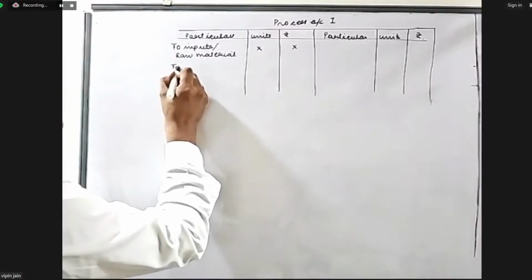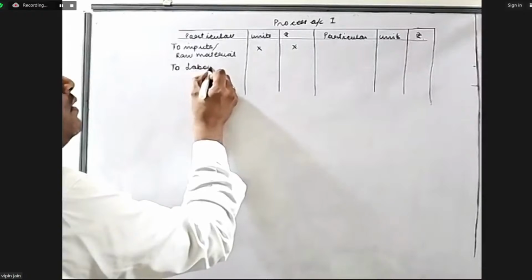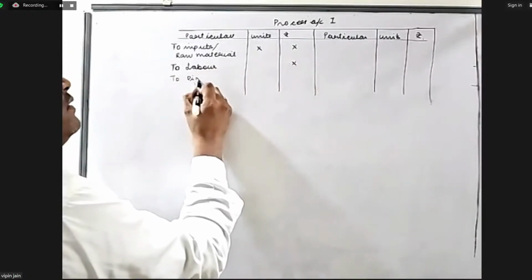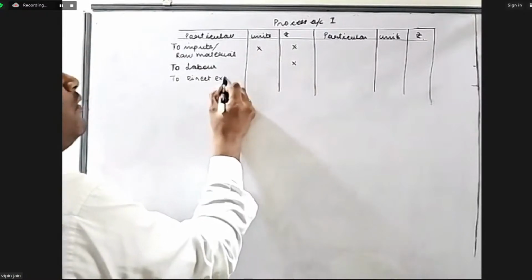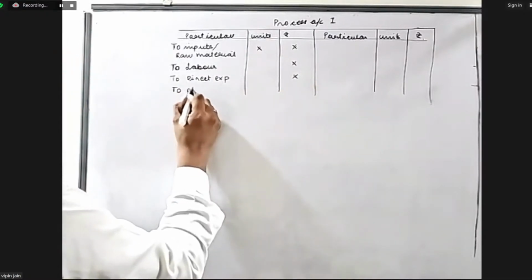Further, we'll account the additional costs that are incurred, that is labor, direct expenses, other expenses.